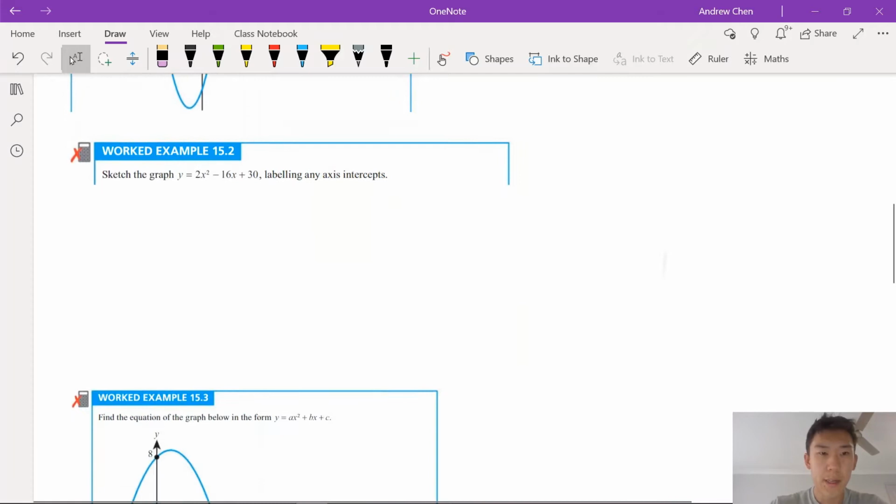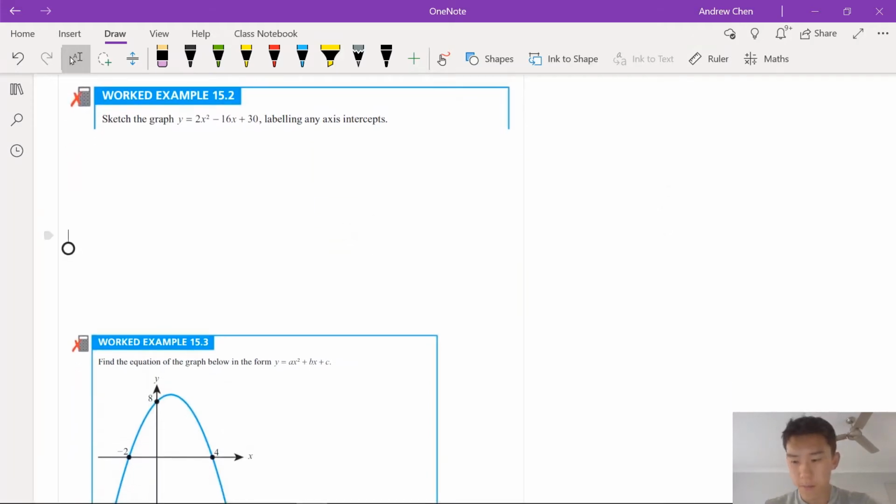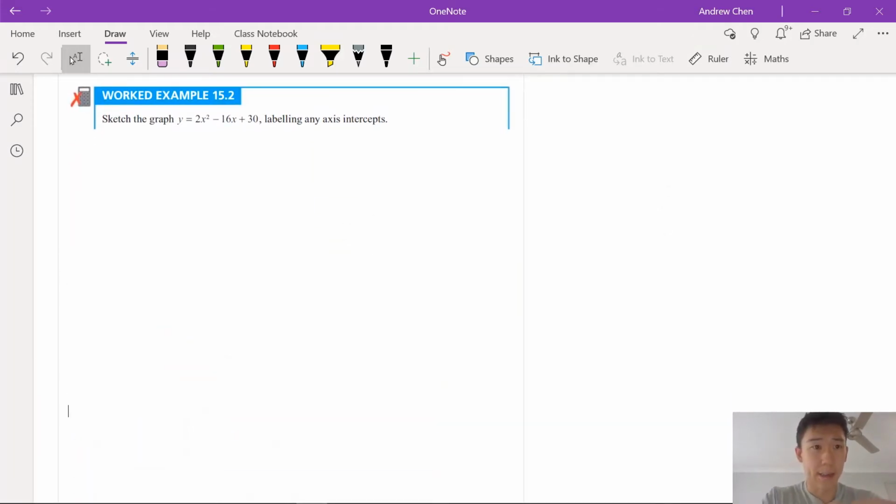Let's move on. Sketch the graph without a calculator, labeling any axes intercepts. Okay, let's go ahead and do that. So let's see, what can we do here to make things a little bit easier for us? Well, let's factorize out a 2.